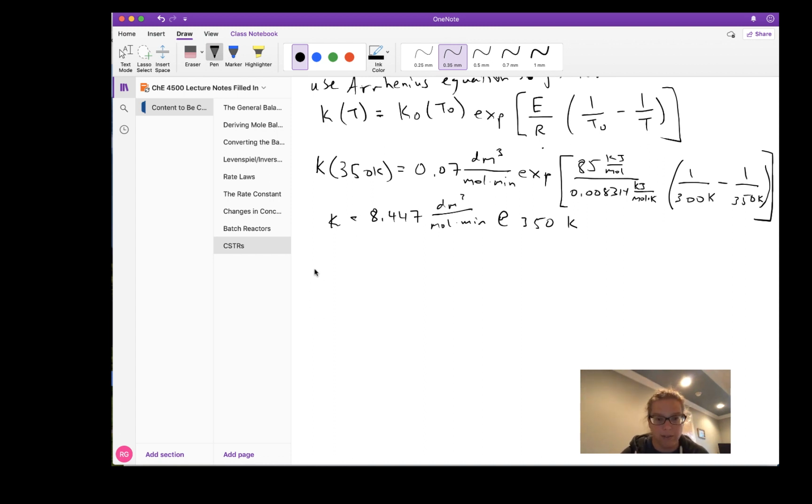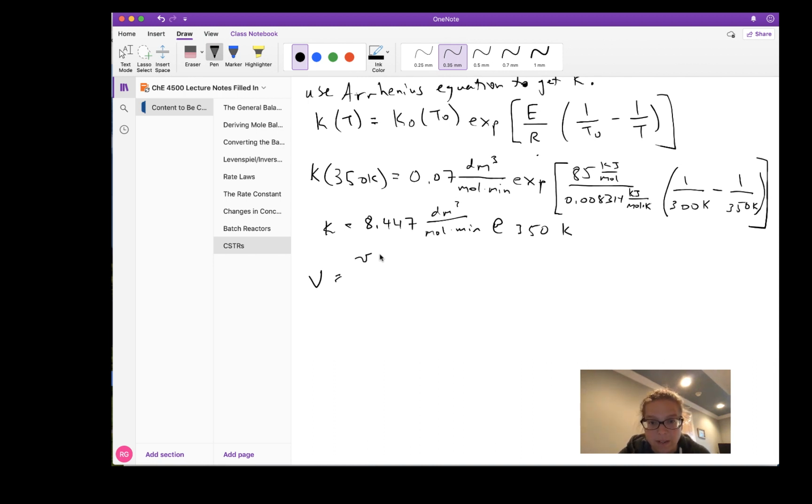So I can sub that into my mole balance. Doing that, I get V is equal to script V times Xa divided by this k term, Ca naught (1 minus Xa) squared. And this requires a quadratic solution, so you can solve it using the quadratic formula.